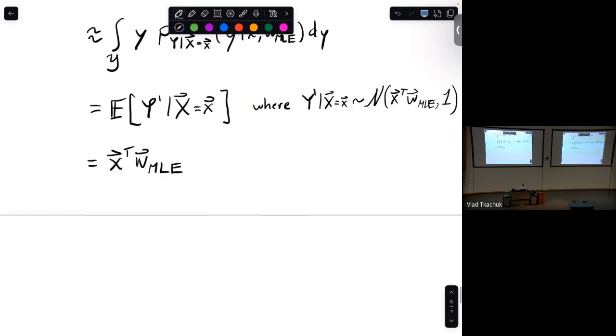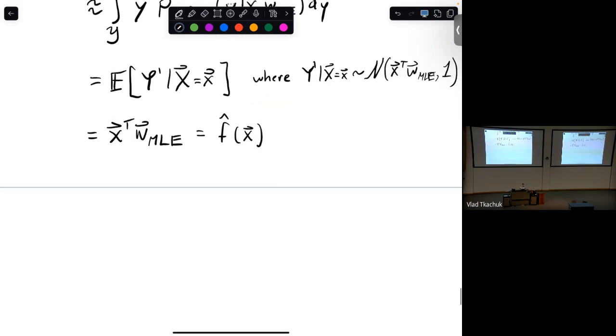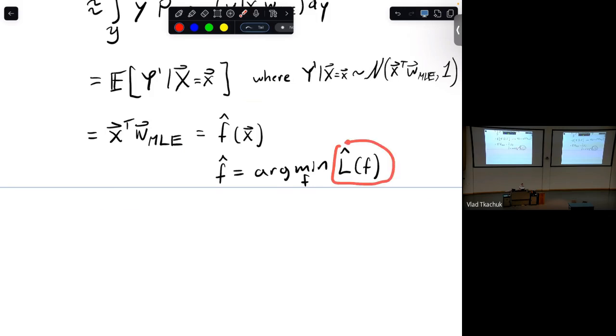So it's the same as that f hat function we've seen before, f hat of x, where f hat is equal to the arg min over f in our function class that we chose, which was those linear functions before, of L hat of f. These are all the same things. You change the functions here to, okay, we can actually write this. It's exactly from the function class F1.